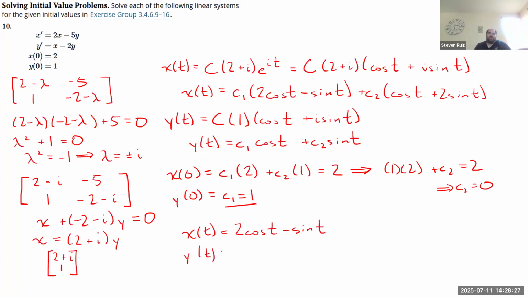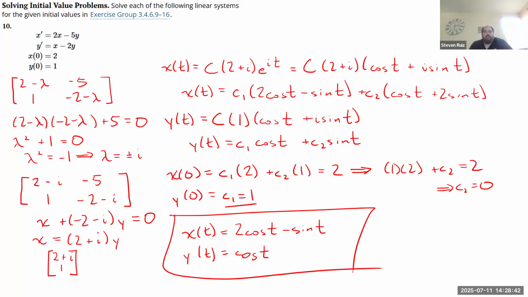And y of t equals cosine t. So this is all that remains for our solution based on that initial condition.